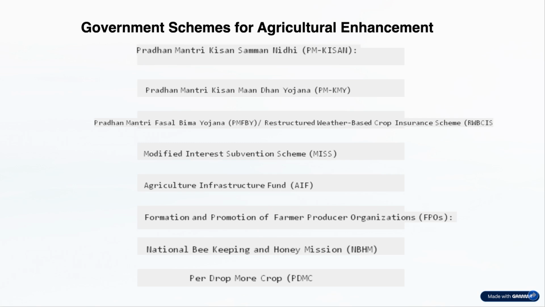This initiative aims to improve infrastructure for agricultural activity such as cold storage, warehouses, and processing units, fostering the growth of agro-based industry in rural areas. Then formation and promotion of Farmer Producer Organizations, that is FPO. This is one of the most important programs that encourages collective farming practices, allowing farmers to pool resources and strengthen their bargaining power at the market.